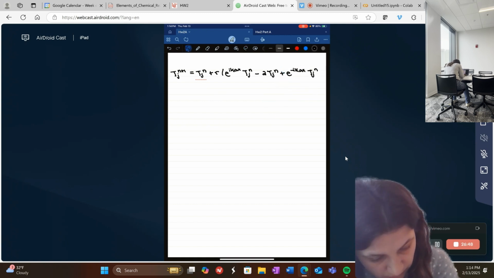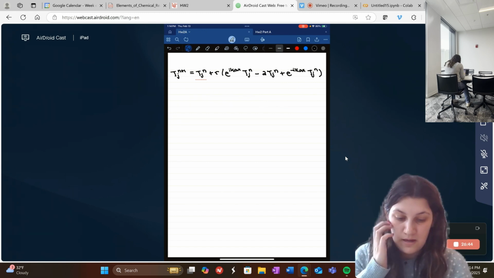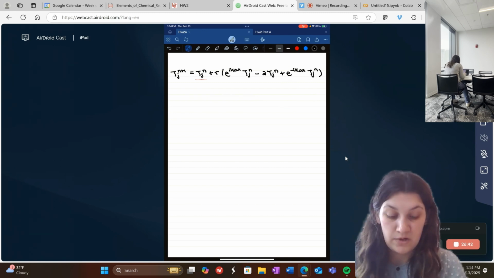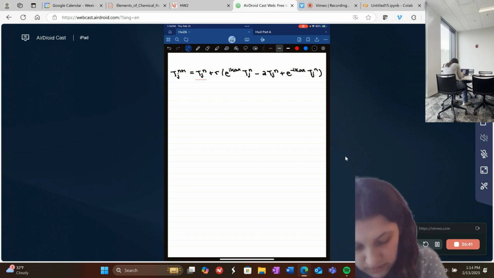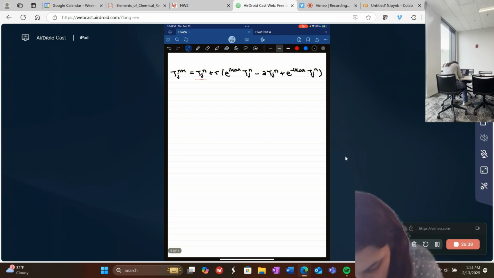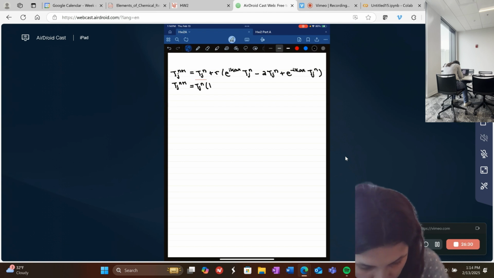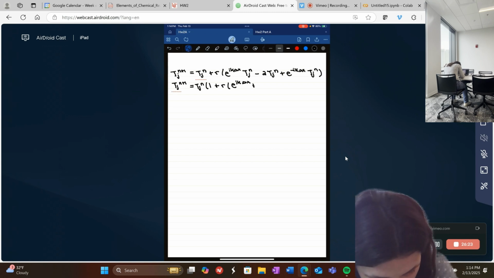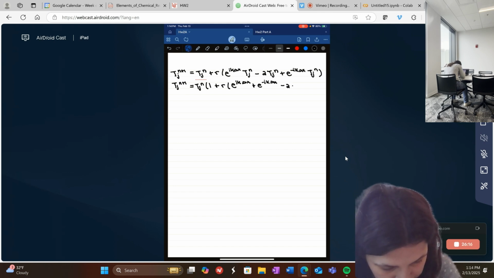Our equation. Now we have a T_j^n with every term, so we can go ahead and factor that out, which gives us T_j^{n+1} is equal to T_j^n times 1 plus r times e^{i k delta x} plus e^{-i k delta x} minus 2.